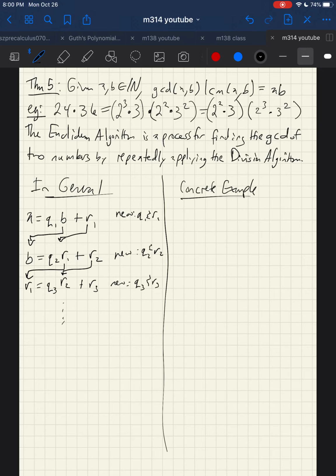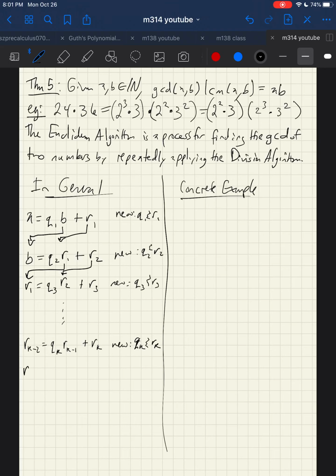And we keep doing this until we get to the stage R sub k minus 2 equals Q sub k, R sub k minus 1 plus R sub k. So the new things here were R sub k and Q sub k. And how do we know we're at the kth stage?